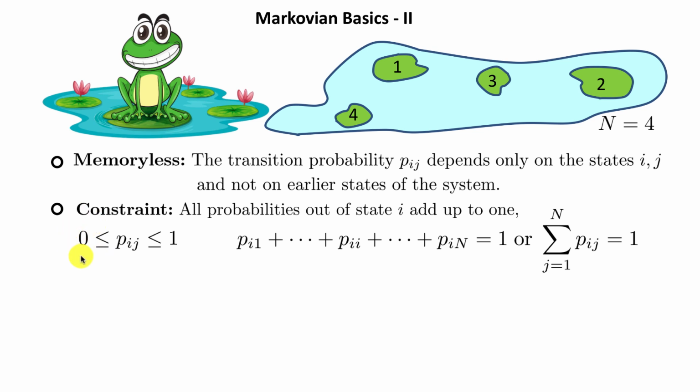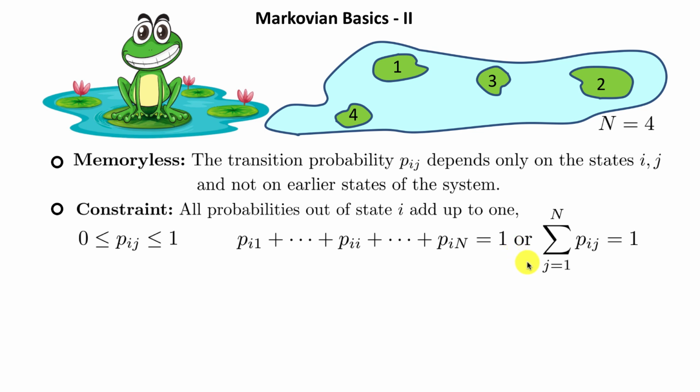These probabilities must add up in the following way. So if you're in the ith state, then the probability of jumping from i to 1 plus the probability of jumping from i to 2 plus all the way from i to n, these must add up to 1.